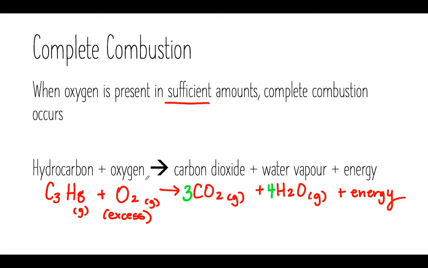And moving on to oxygen, I've got 2 oxygens on the left side. 3 times 2 is 6 from this, and 4 from here. So 6 plus 4 is 10. How do I make it so that there are 10 oxygens on the left side? I have to put the number 5 right here. So now this is an example of a balanced reaction for a complete combustion reaction.